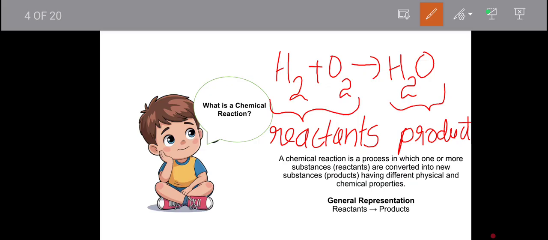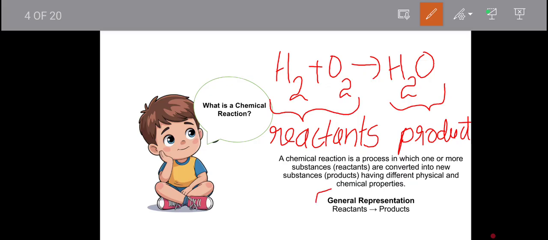Simply, if someone asks you what a chemical reaction is, you can define it like this: a chemical reaction is a process in which the reactants are transformed into products. Reactants are substances which take part in a chemical reaction, whereas products are substances which are formed as a result of the chemical reaction.